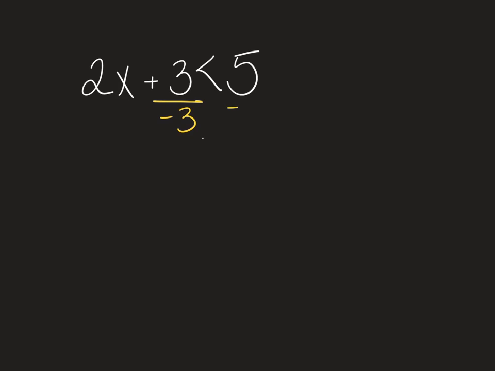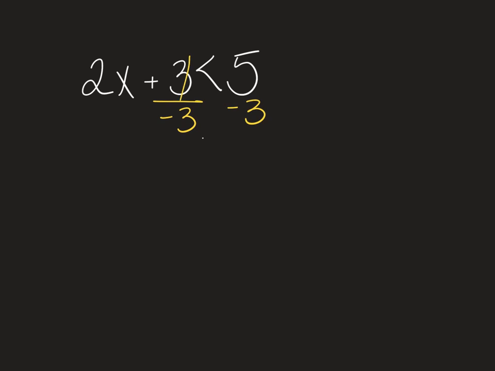So let's say we have 2x plus 3 is less than 5, okay? Now, first thing I want to do is I want to bring over my whole number here through its inverse operation, which would be the opposite of plus 3, which is minus 3.